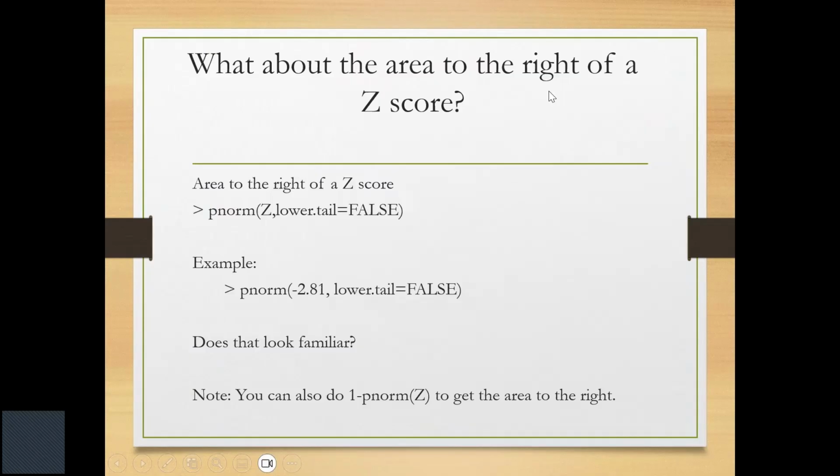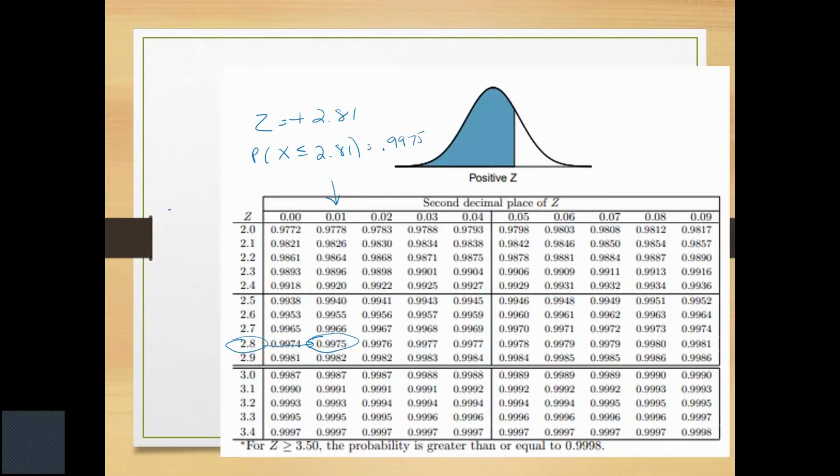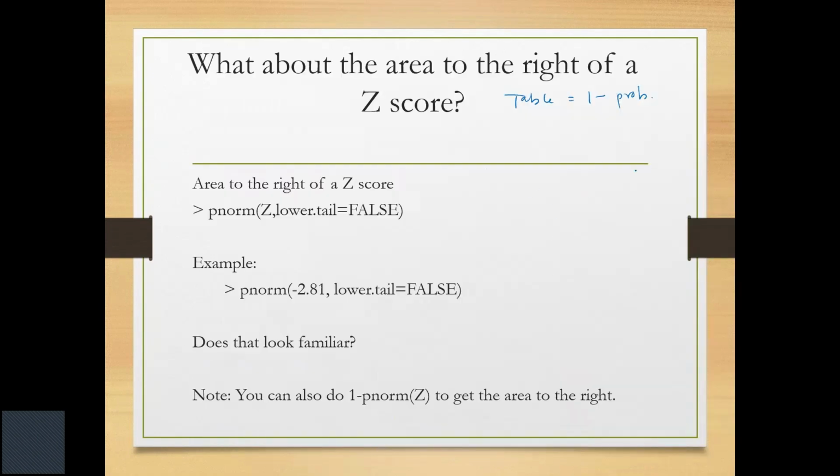But what about if we wanted the area to the right of the z-score? If you're doing it in the table, then you would take 1 minus the probability. And so for the last one, we had 0.9975. So we would take 1 minus 0.9975.